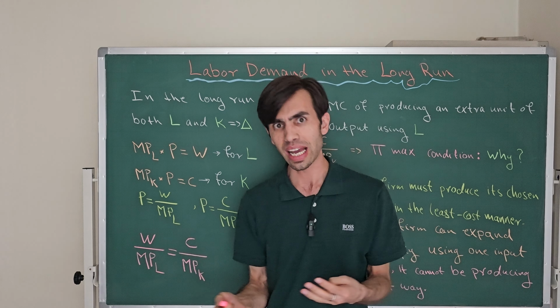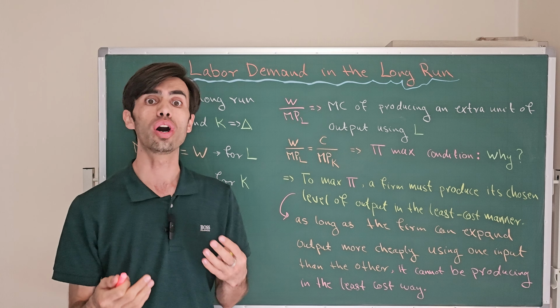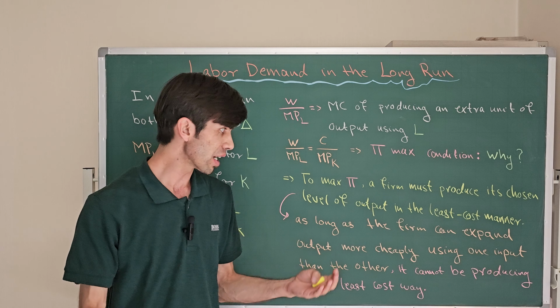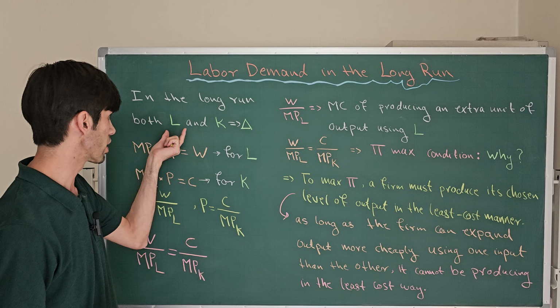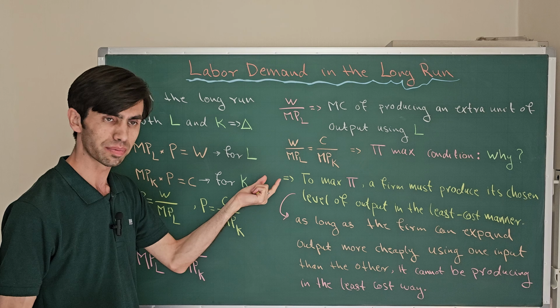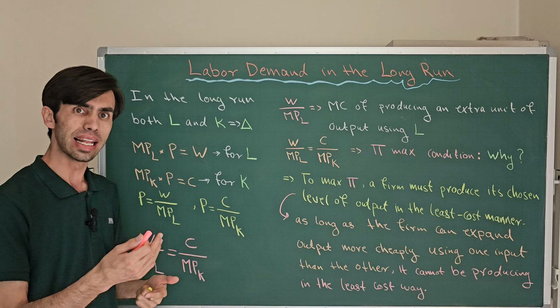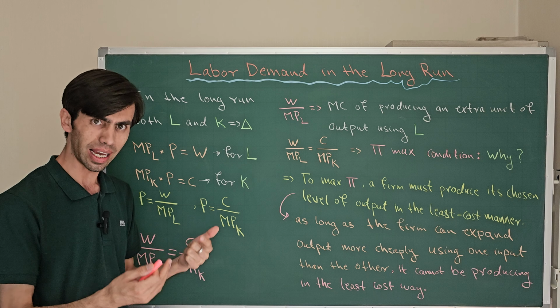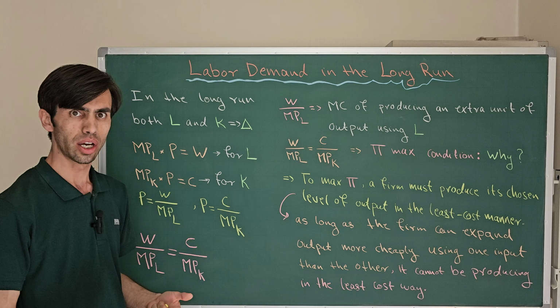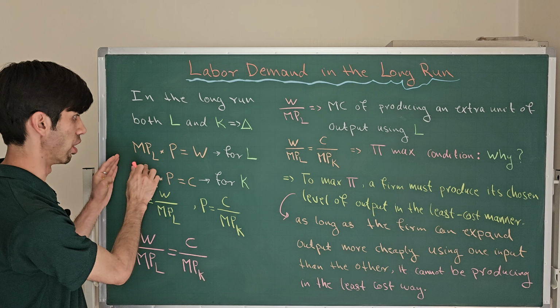So how can we adjust the optimal labor demand in the long run? In the long run, as we know that both labor and capital can be changed, we can find out the optimal labor demand based on this formula.